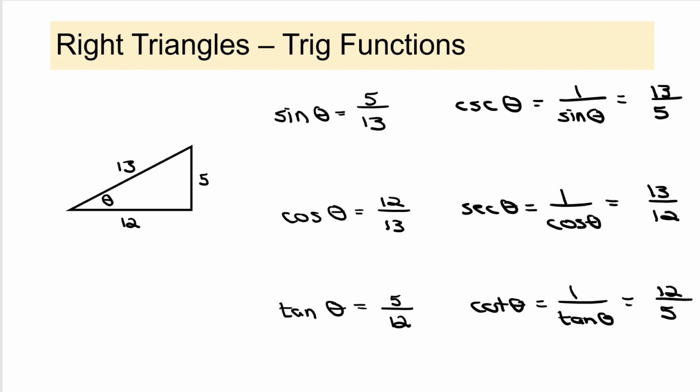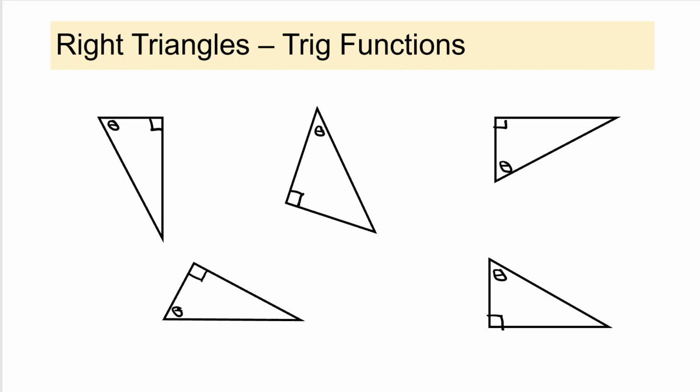Okay, I want to spend just a minute here talking about orientations of these right triangles. Orientation doesn't matter. You just have to be careful to label your sides correctly. Relative to theta, I want to label the sides of these triangles. This one looks kind of upside down or sideways relative to the one we were dealing with before.